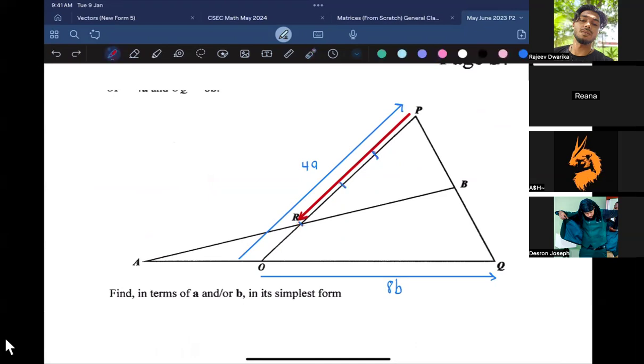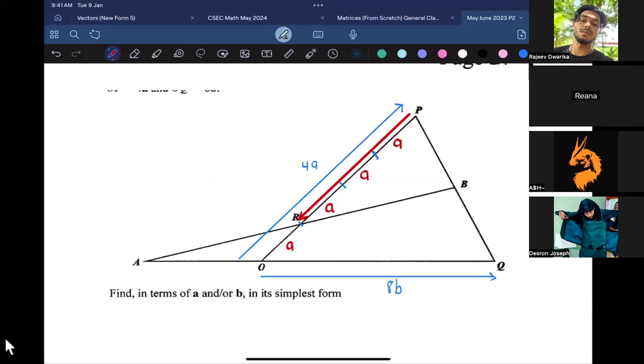Desron, you okay with that? Let me go through it one more time. See if you can explain it to me. Why am I saying that O to R is A? Because you have 4 A's, and O to R is 1A.